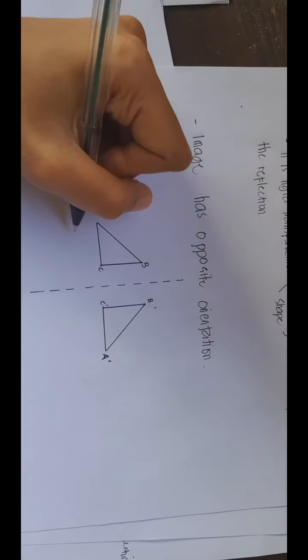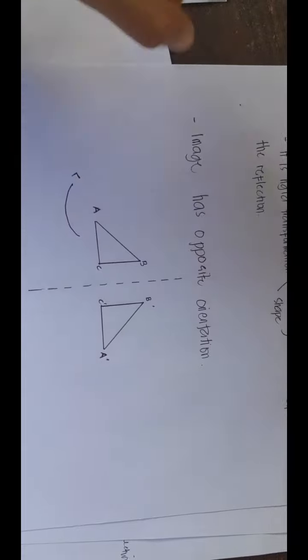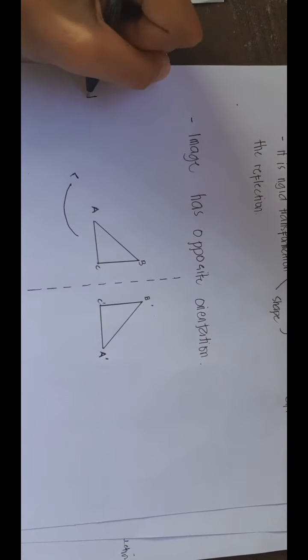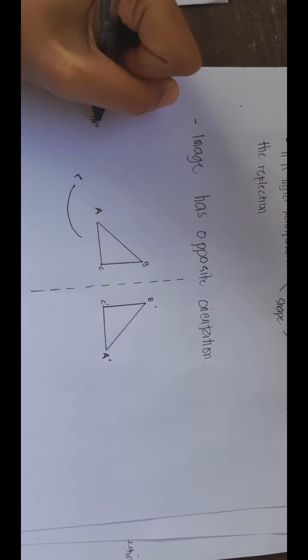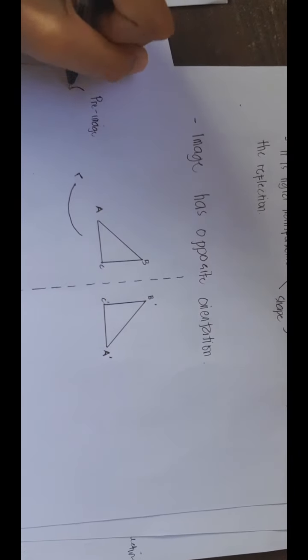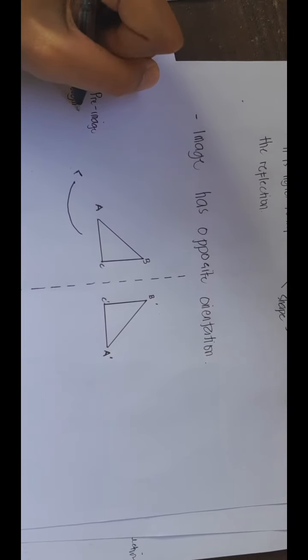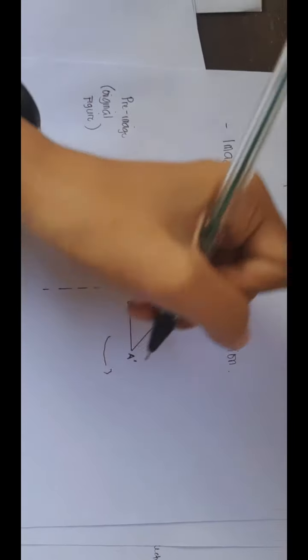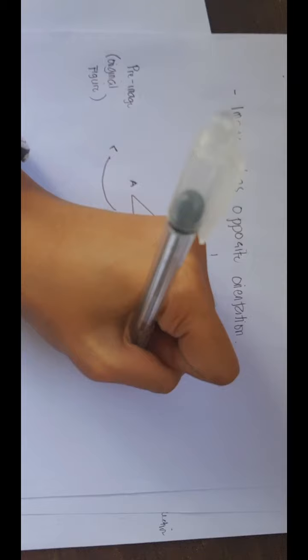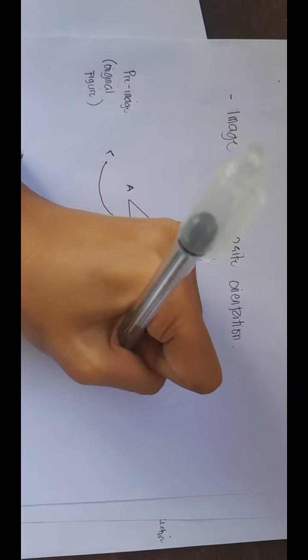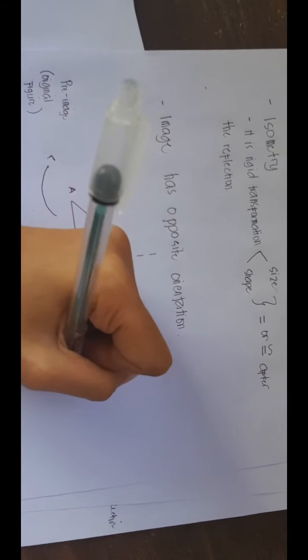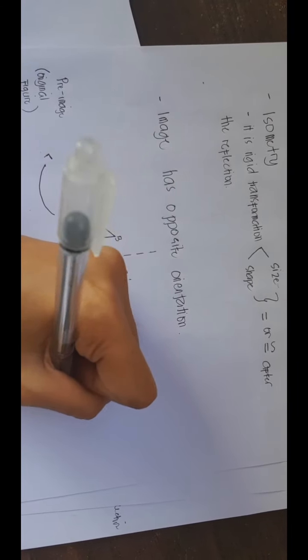So this image here is what we call the pre-image, right? Pre-image is the original figure. And this image here is what we call the image, the new figure, right? This is the new figure.